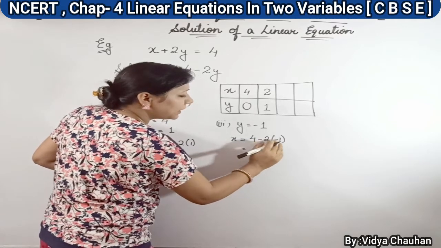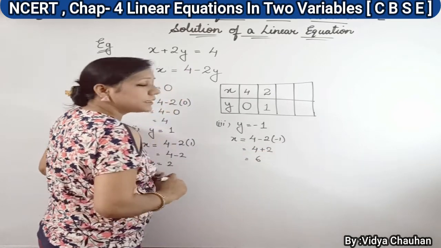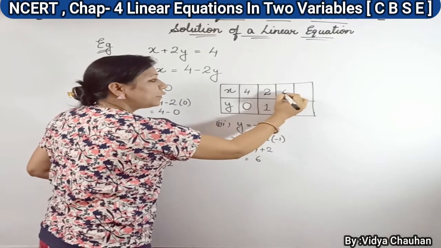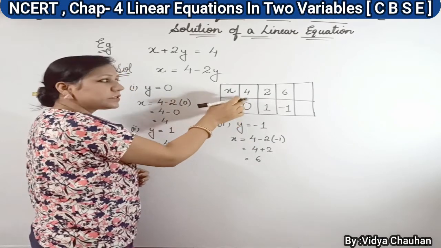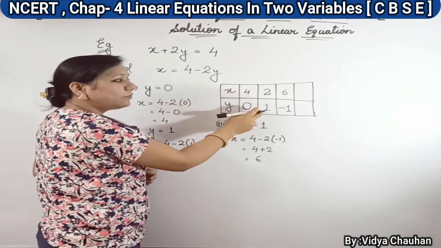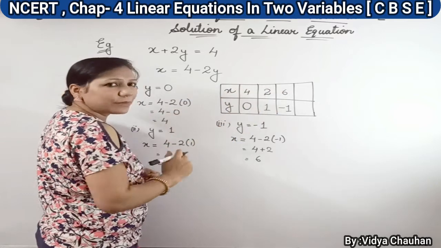It is 4, and minus and minus becomes plus 2, so the value of x is 6. So when y is minus 1, the value of x is 6. These are the solutions: for y equals 0, x is 4; for y equals 1, x is 2; for y equals minus 1, x is 6.